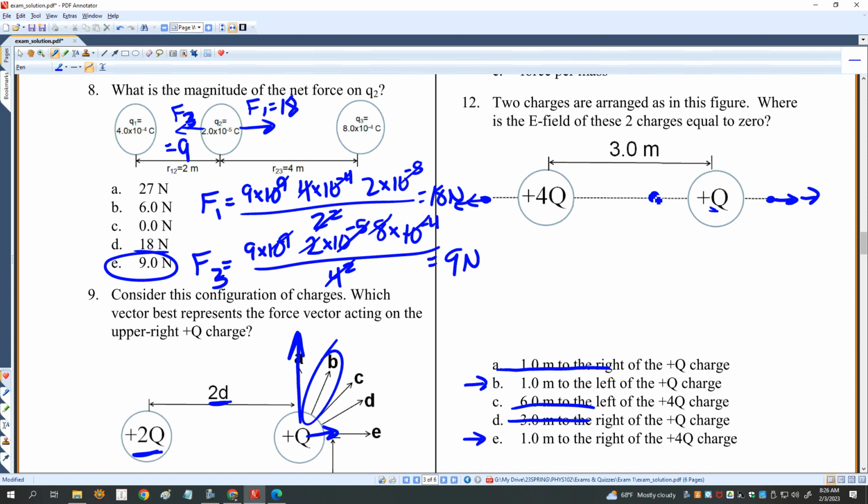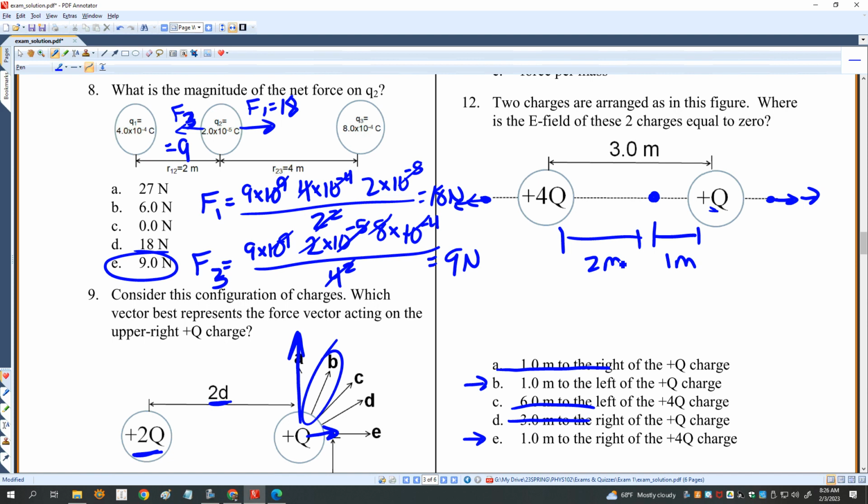That is 1 meter to the left of the plus q charge, because I'm trying to get away from that big charge. And the other option, E, is right here, and that's just not going to work because that means that the big charge is going to dominate the electric field. So let's just think about this. If this is the answer, then this distance is 1 meter, and this distance is 2 meters.